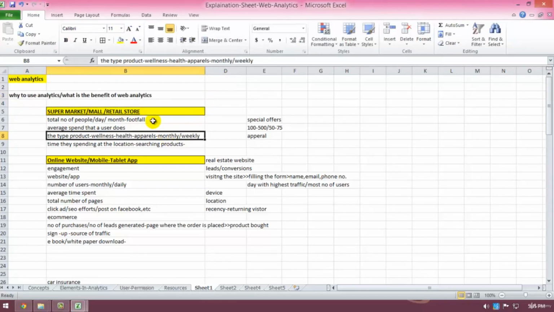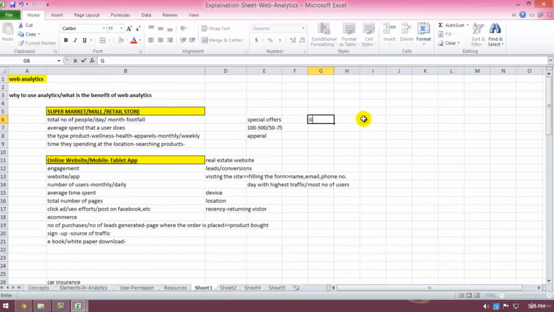In any offline business, you do measurement, and with the help of this measurement it helps you in good decision making. Similarly, just as decisions are made for an offline business, you need to make decisions for your online business.